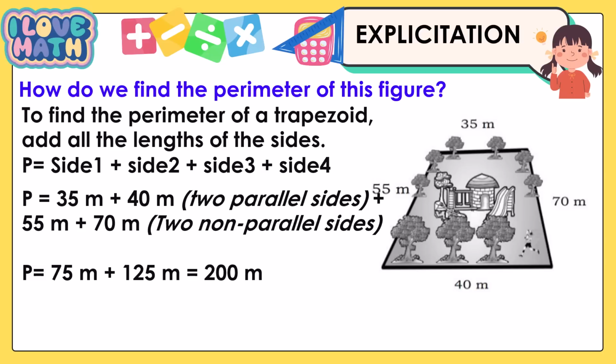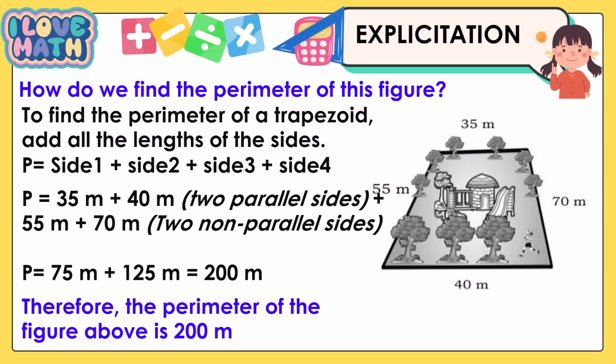P is equal to 35 meters plus 40 meters, that's 2 parallel sides, plus 55 meters plus 70 meters, that's 2 non-parallel sides, is equal to 75 meters plus 125 meters is equal to 200 meters. Therefore, the perimeter of the figure above is 200 meters.